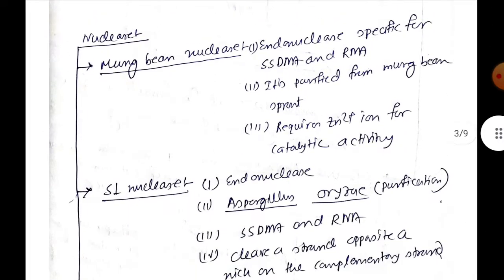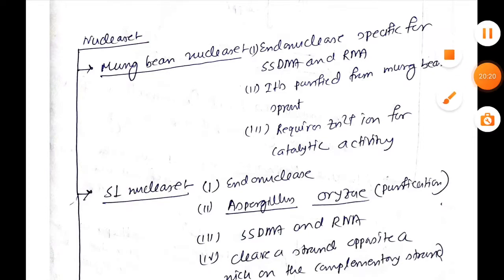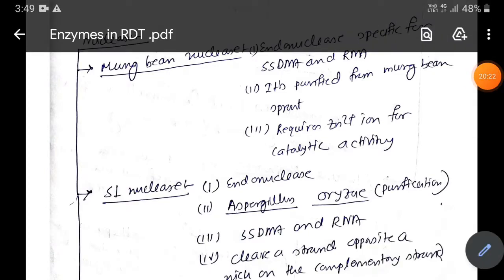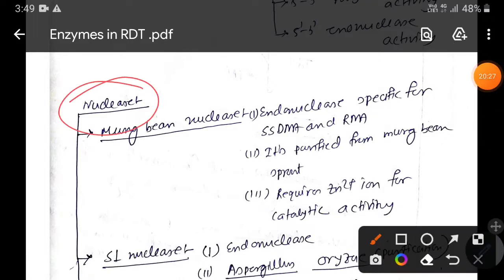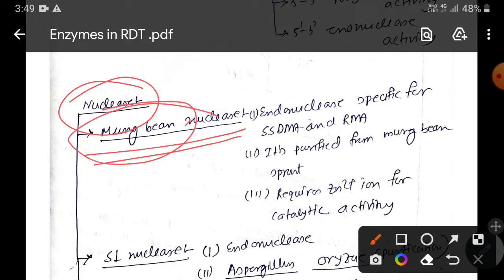So now let's come to the topic, that is nuclease. Nuclease means an enzyme that has the ability to cleave nucleotides, as its name suggests. So mung bean nuclease, the first discussion, is derived from mung bean sprout.